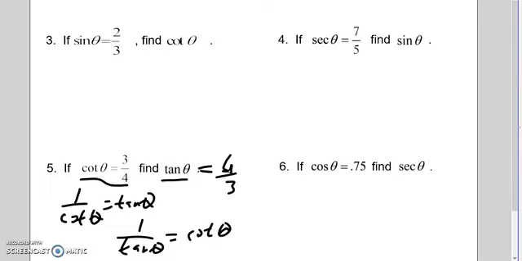Okay, and kind of the same thing here, but they've given this to us as a decimal. So 1 over the cosine of theta is the secant of theta. So here, let's erase.